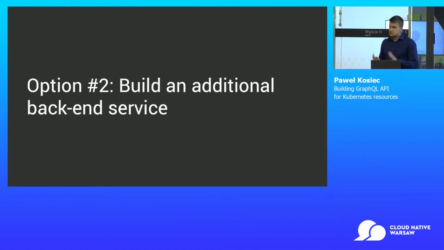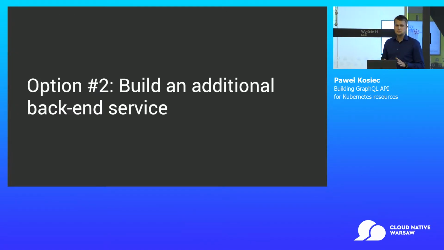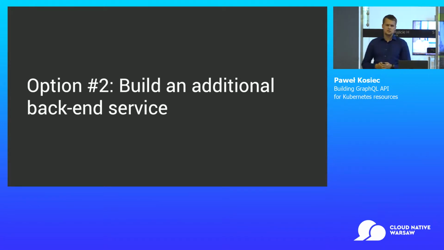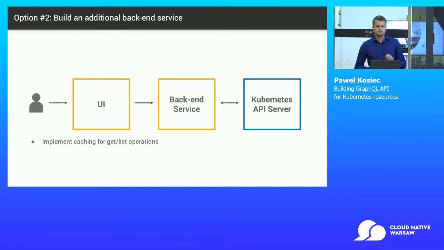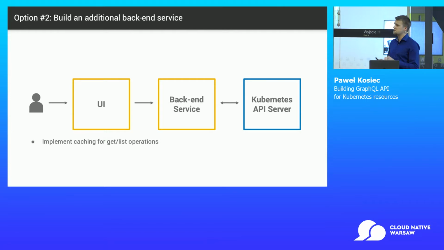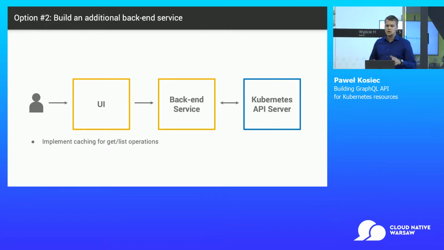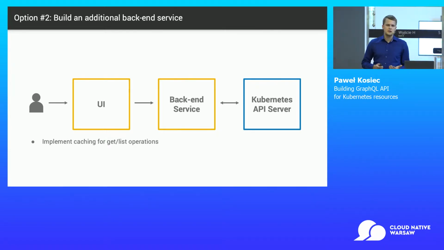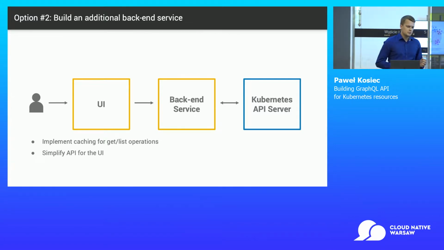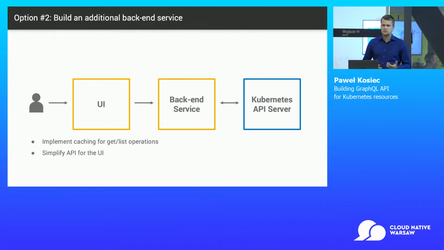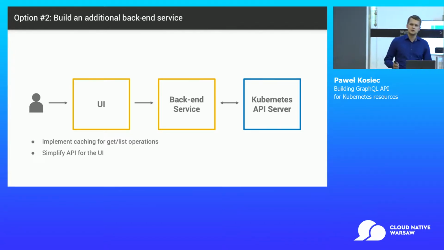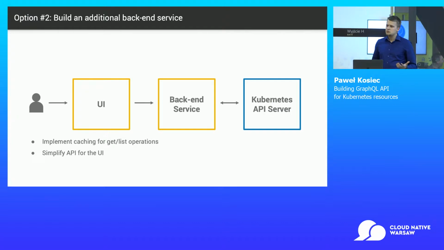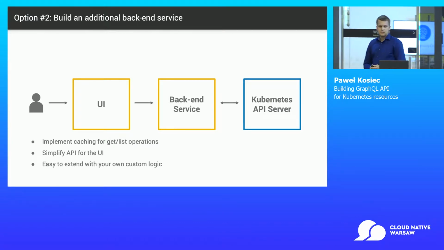There is also option number 2, which is building an additional backend service for our UI, and this approach gives us an ability to implement caching for read operations. Also, we can simplify the API for our UI, and the UI can be some kind of dumb, with the whole logic on the backend side, which is where it should belong.